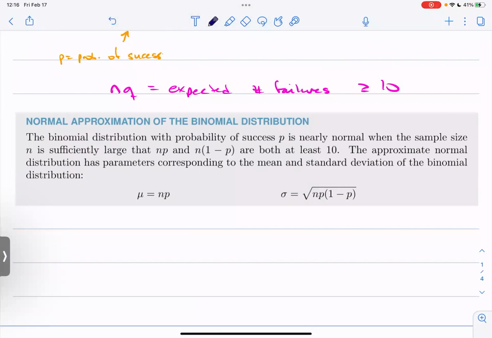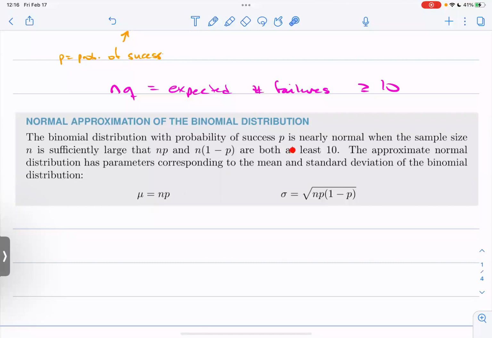Let's go ahead and read them. All right. The binomial distribution with probability of success p is nearly normal. Okay, so that's a good sign, because we know how to deal with something that's nearly normal. I can calculate z-scores.